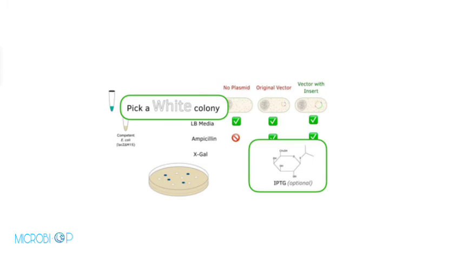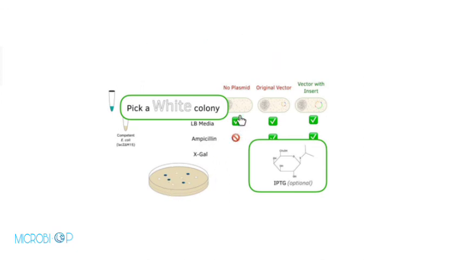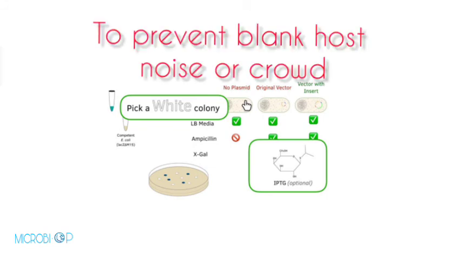Now for blue white screening in a media, what is the media? It is LB media, Luria Bertani. In LB media, ampicillin is also present. Why? Because the normal host in which no plasmid is there can also grow in the LB media.